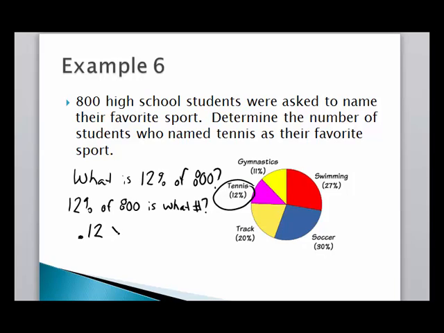The of we'll write as a multiplication. We'll rewrite the 800. The is we'll write as an equal sign. And what number will use x? And so 0.12, using our calculator, 0.12 times 800 is 96. So there were 96 students that named tennis as their favorite sport.